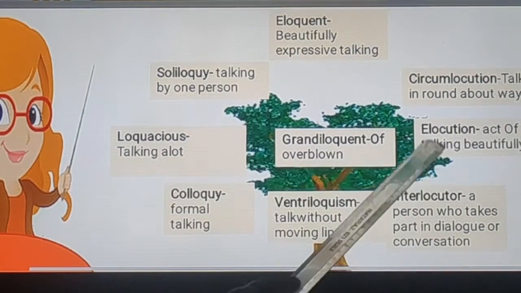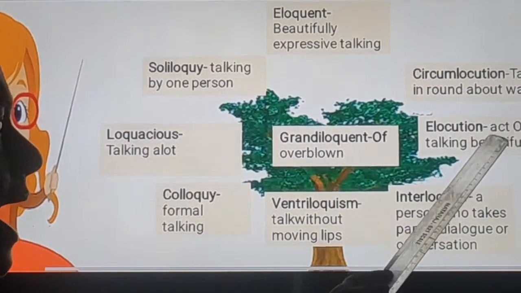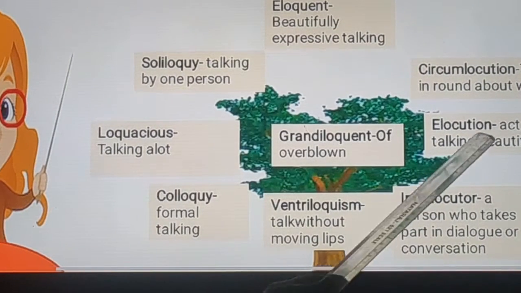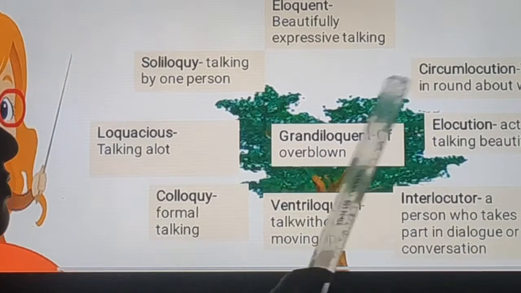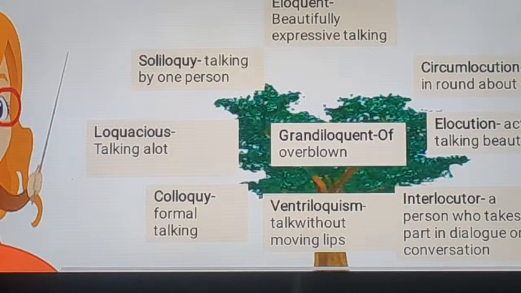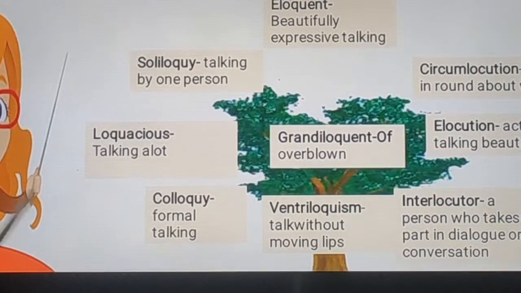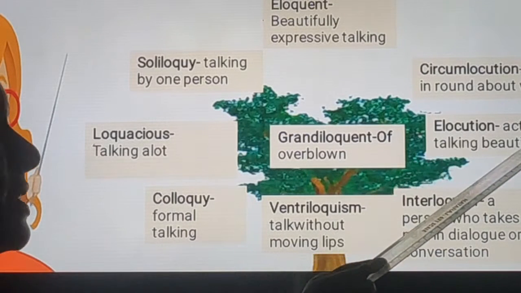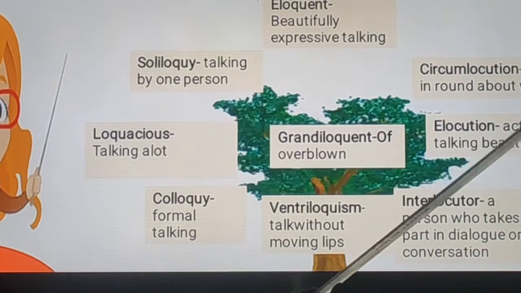Okay, next one. Elocution means the act of talking beautifully. Some readers and TV anchors talk like this, and public service people talk like this. Elocution means the act of talking beautifully.